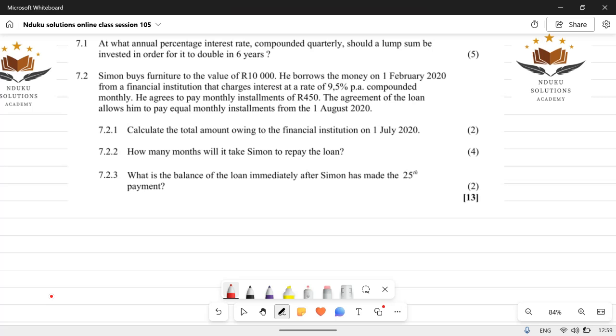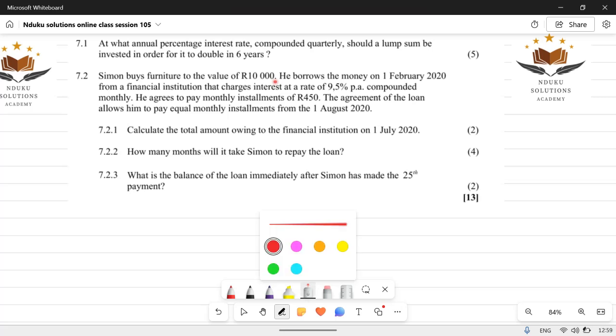Simon buys furniture to the value of 10,000 rand, and he borrows the money on 1st of February 2020 from a financial institution that charges an interest rate of 9.5% per annum compounded monthly.